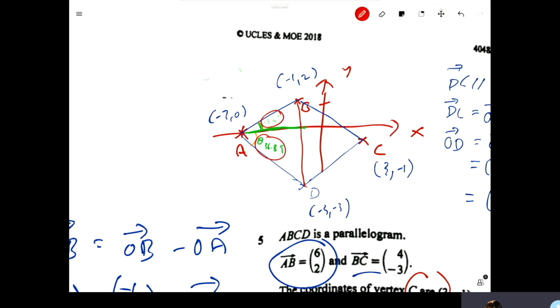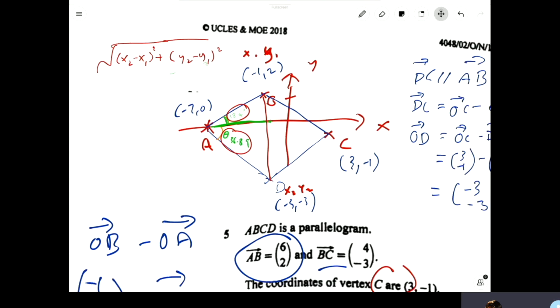Square root of (x2 minus x1) squared plus (y2 minus y1) squared, where the points are (x1, y1) and (x2, y2). Okay, so I won't do it. You just use the formula.